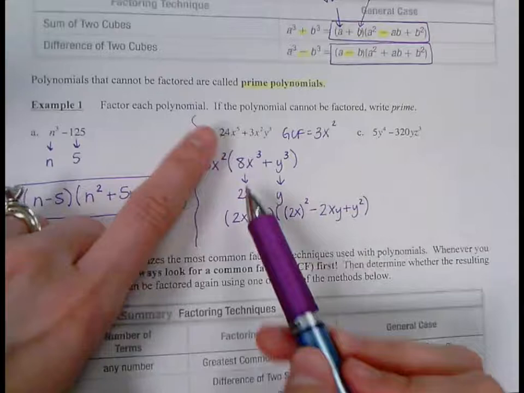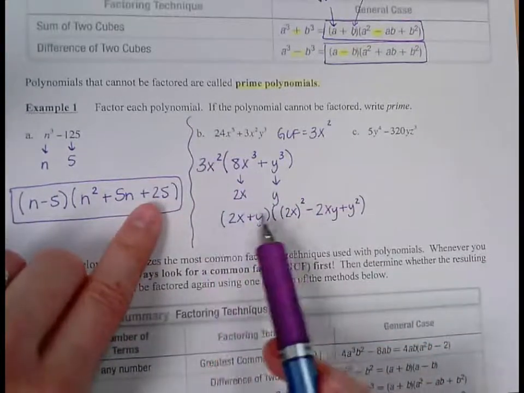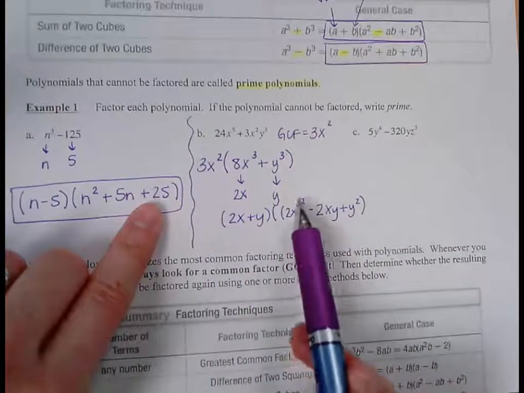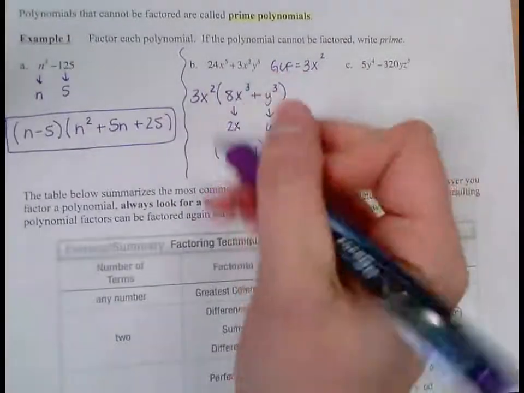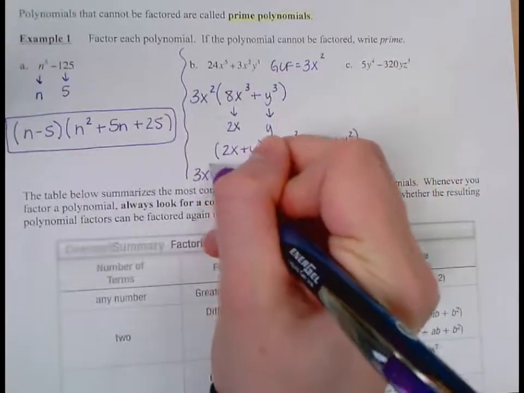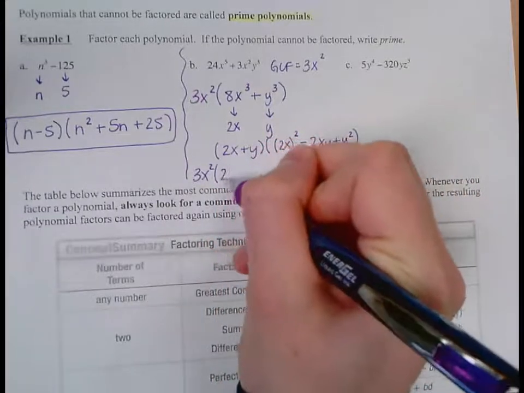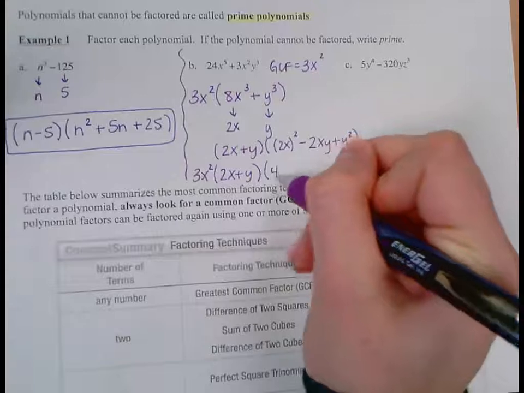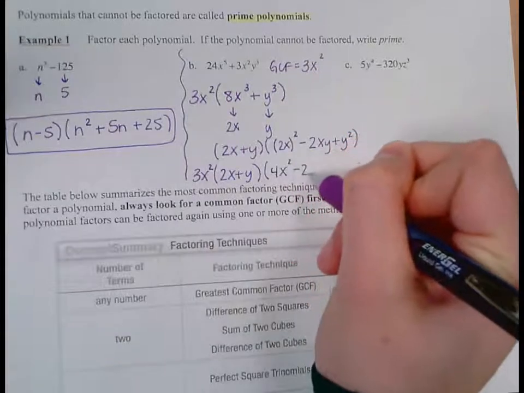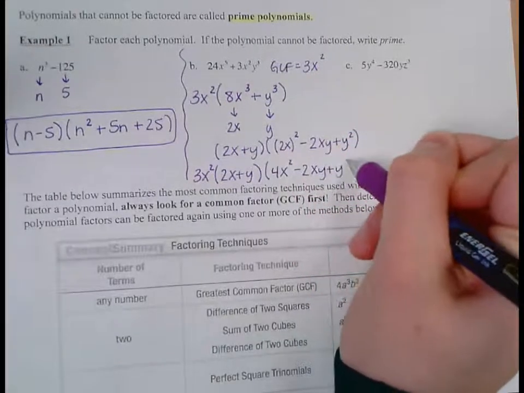Okay, so I will put the GCF in front, but I'm going to rewrite the quantity 2x squared as 4x squared. So the final answer is going to be 3x squared times 2x plus y times 4x squared minus 2xy plus y squared.